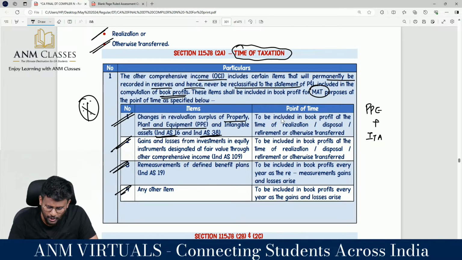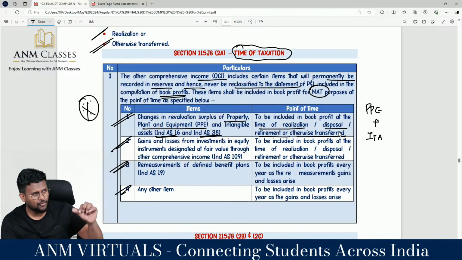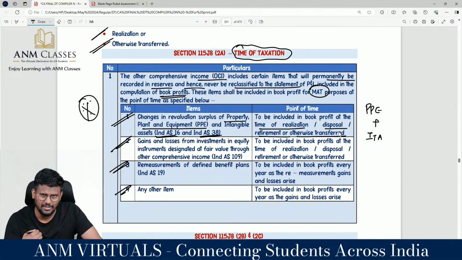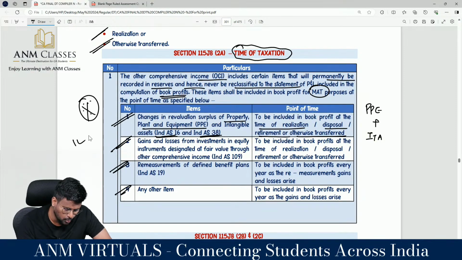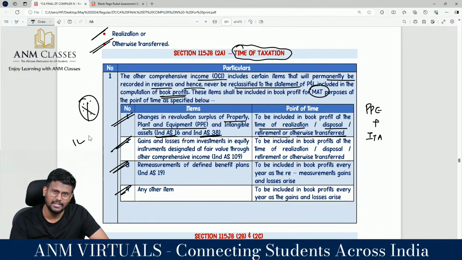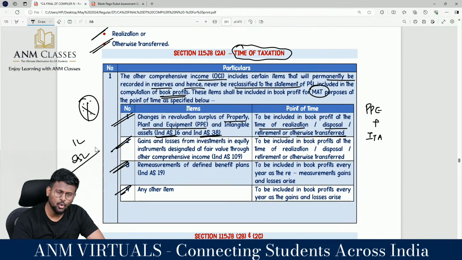It has to be included in the book profit at the time of realization or disposal or retirement or otherwise transferred. For example, I have an asset which stands in the books at 1 lakh. I have revalued that asset with the permission of Ind AS 16 or Ind AS 38 for 25 lakhs. So 24 lakhs I have increased.